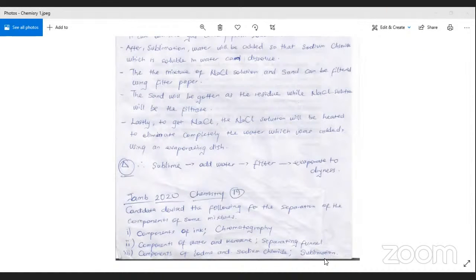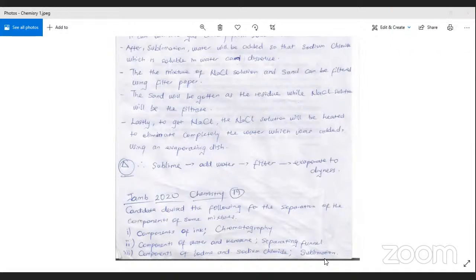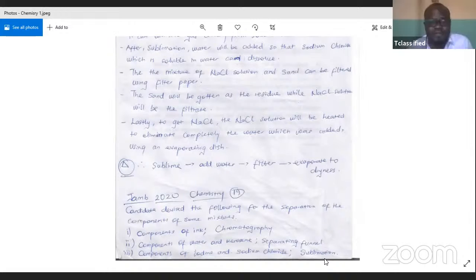Okay, so a separating funnel is used to separate a mixture of immiscible liquids. When I was talking about miscible liquids, we talked about fractional distillation, the one that you use for crude oil separation. But if the liquids are immiscible, if they cannot be mixed together, if you can observe the difference whenever you bring them together, you talk about using a separating funnel.